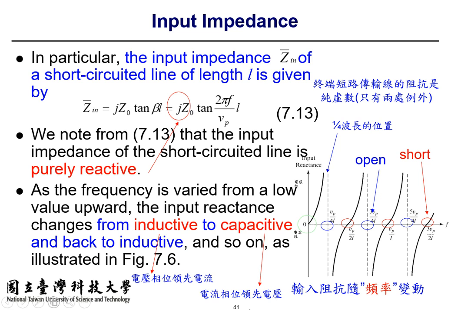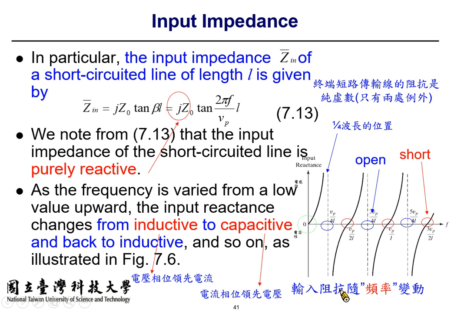So on the top half, the input impedance is referred to as inductive, and in the bottom half, it is referred to as capacitive. And at the position of quarter wavelengths, the input impedance becomes infinity.